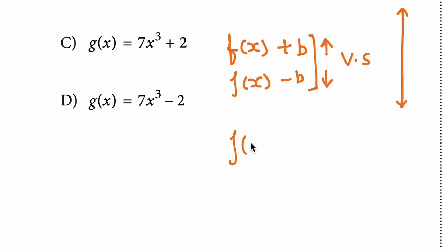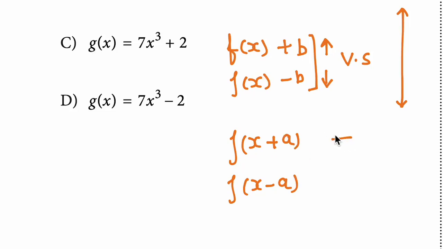Now, if you are changing the input, suppose you are adding A or subtracting A from it, it will give the left or right shift, the horizontal shift, because the x-axis is the horizontal axis.